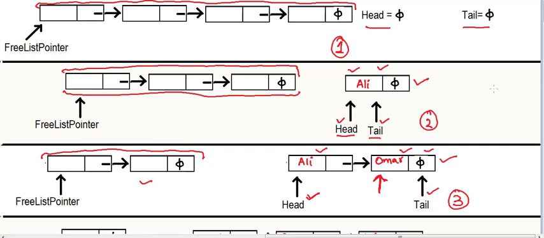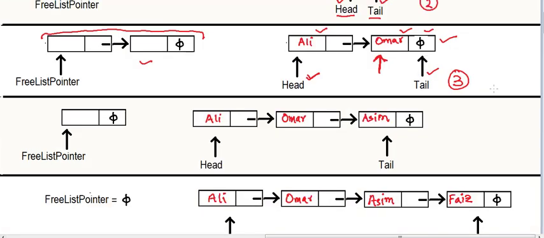Okay, let's continue further with this. From situation number 3 we go to situation number 4, and let's see what is happening here. Now we have 3 people standing in the queue. Ali, who was originally there in the queue, then came Umar, who is now second in our queue, and then came Asim, who is the last person in our queue.